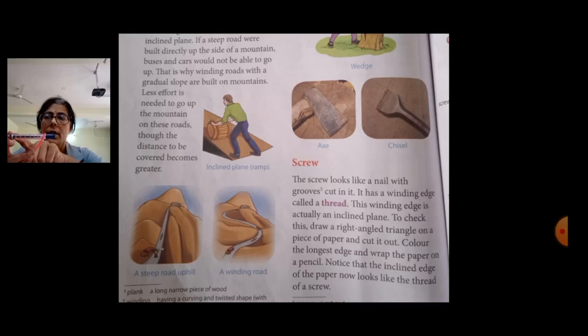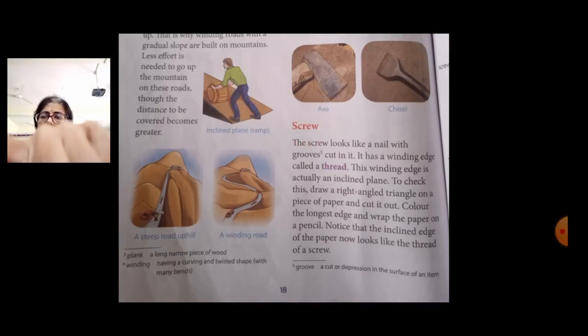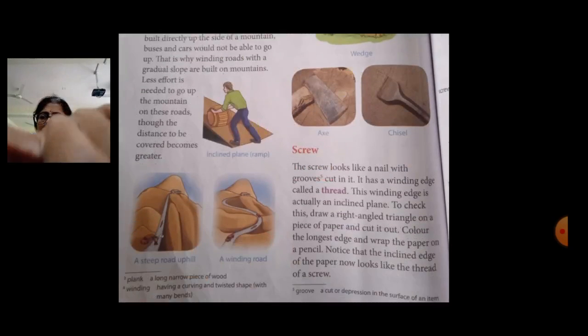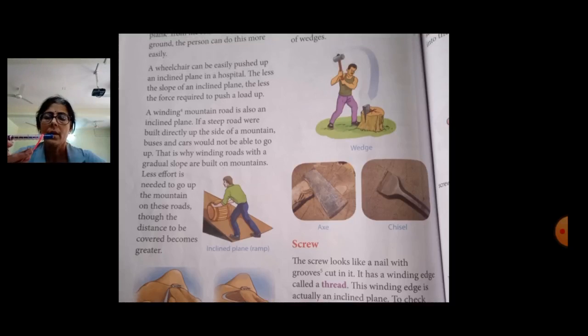See children, here you can see in the picture also it is shown, right? This upper part of this rubber band is showing the threads and the part in the middle, the rubber ring, that is showing a groove, right?